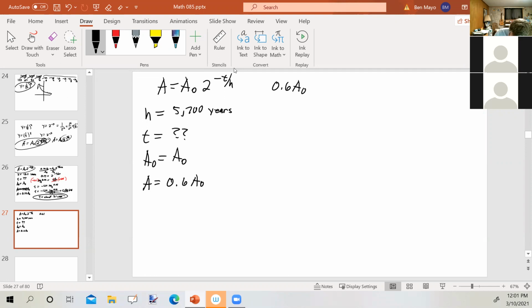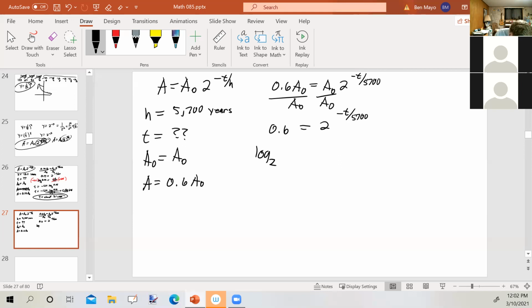All right, so now 0.6 a sub 0 equals a sub 0 times 2 to the negative t over 5,700. I'm going to divide both sides by a sub 0. 0.6 equals 2 to the negative t over 5,700 power. Now I'm going to change this into a logarithmic equation.